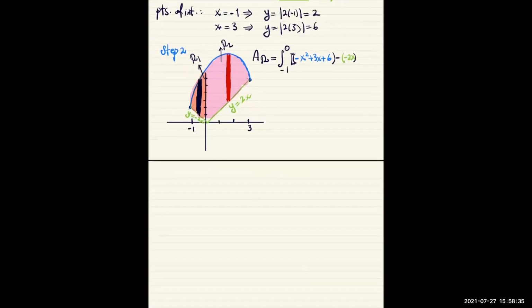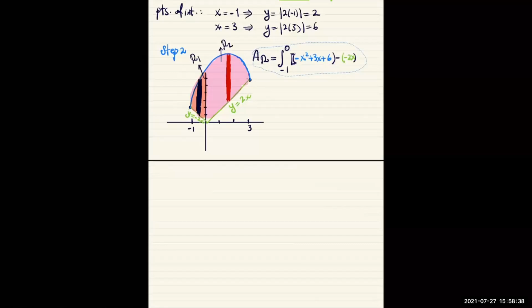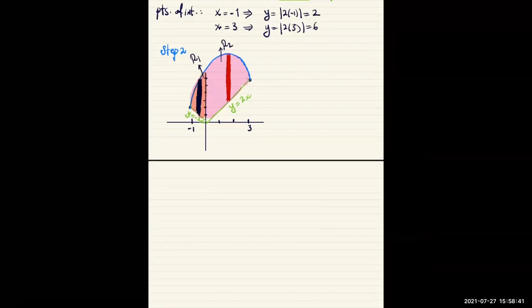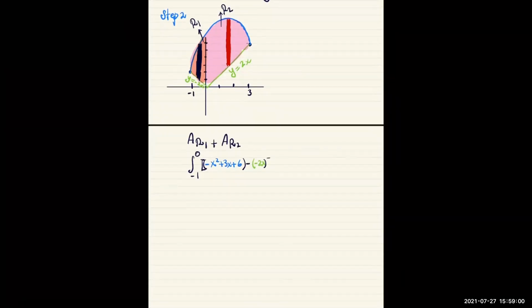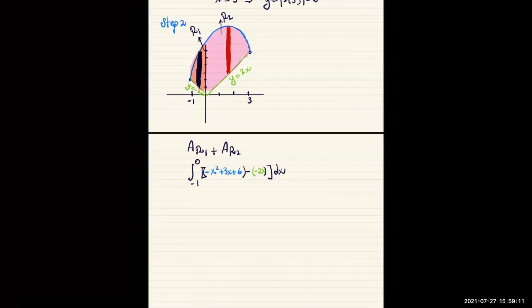Let me just write both integrals. Again, we're going to take the area of R1 added to the area of the other region R2. So this is going to give me the area of R1. And then to get the area of R2, same thing, you do a Riemann sum or find a definite integral.